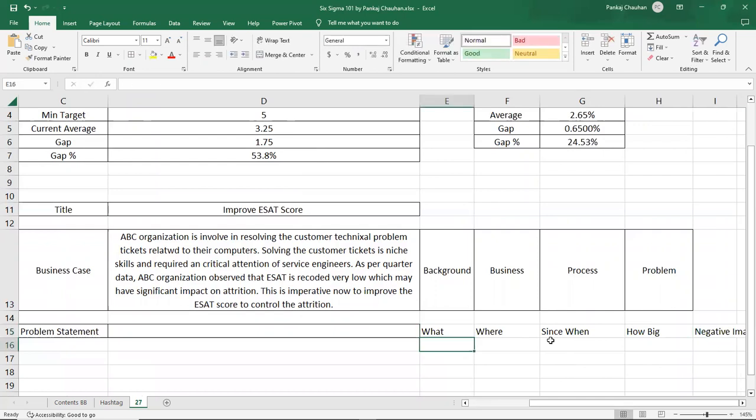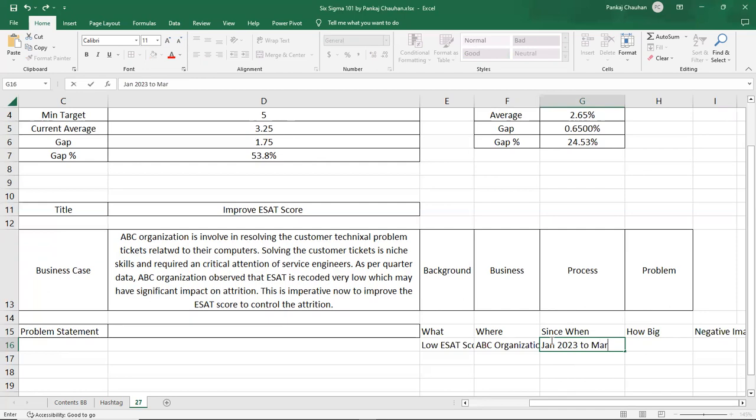So in this case, what is the problem? Problem is low employee satisfaction score. Where is the problem? This is in the ABC organization. Since when is the problem? Let's assume this problem started, we are in the month of March, so maybe January 2023 to March 2023. This problem exists.